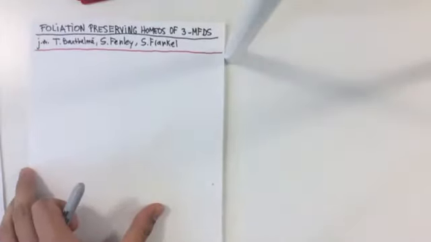I see preserving homeos, but not the beginning. No, that is the beginning. You're seeing it all then. We're seeing everything. It says foliation preserving homeos. That's all. I am not seeing anything else.